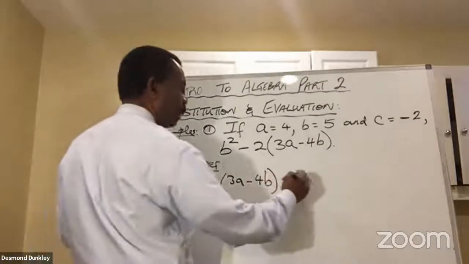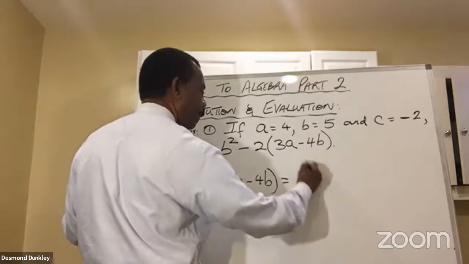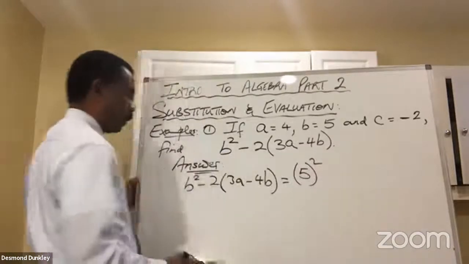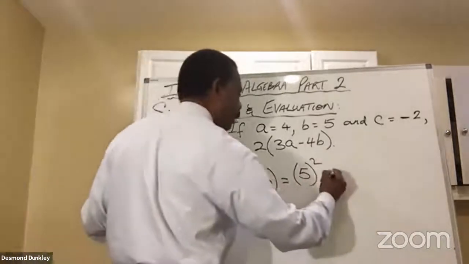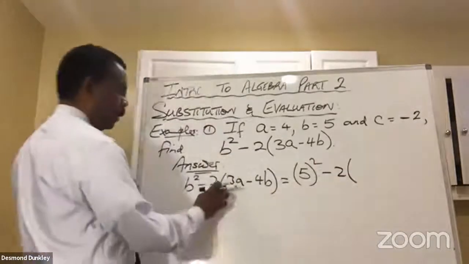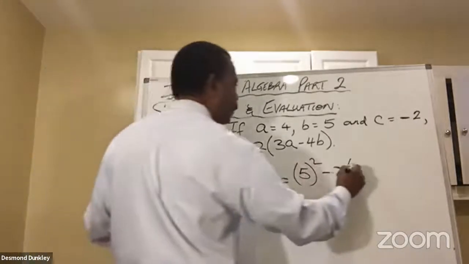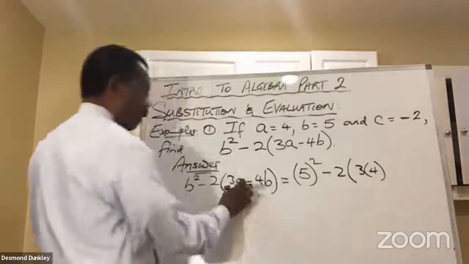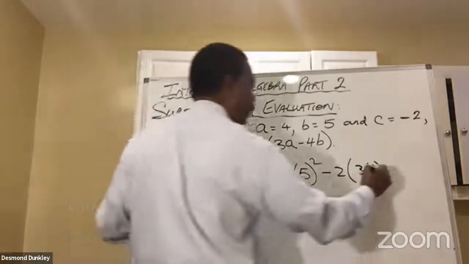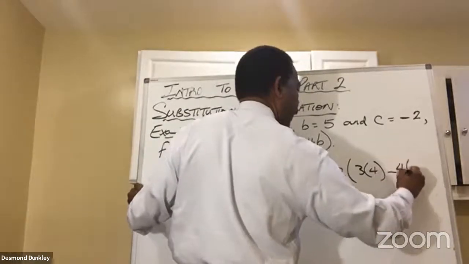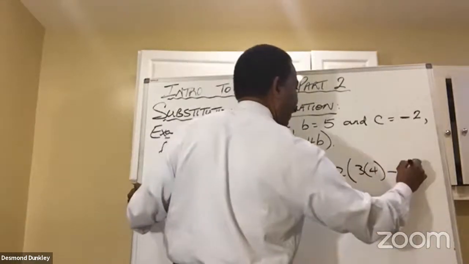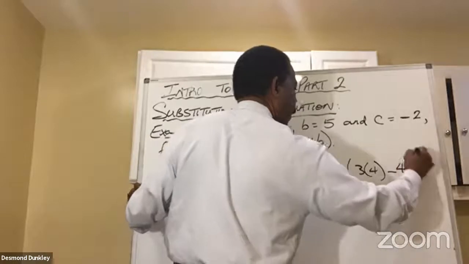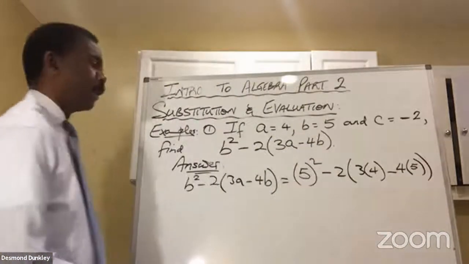So B squared means 5 squared minus 2 times 3A. So 3A will be 3 times 4 minus 4 times B, which is 5. And then we have to close the bracket over there.